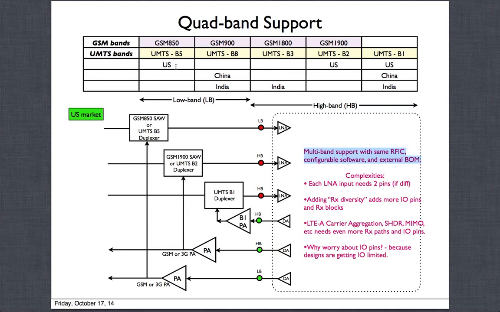Let's say in US markets, if you wanted to support GSM 850, GSM 1900 and UMTS band 1, then this will be a SAW filter, this will also be a SAW filter, and this will be a duplexer with its own linear PA, and this could be two of the GSM PAs.